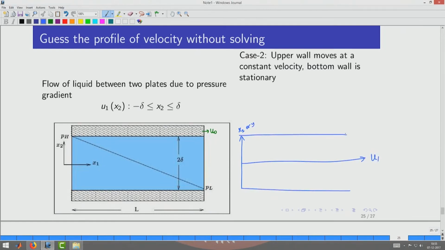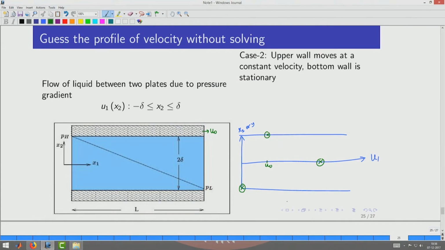Okay. So, we can already see from the boundary condition discussion that the bottom wall is stationary. So, we say that there is no velocity there, and there must be some velocity in the middle because of the pressure drop that is present. So, there is some velocity, and the upper wall is moving at a constant velocity u naught. So, this must be u naught.